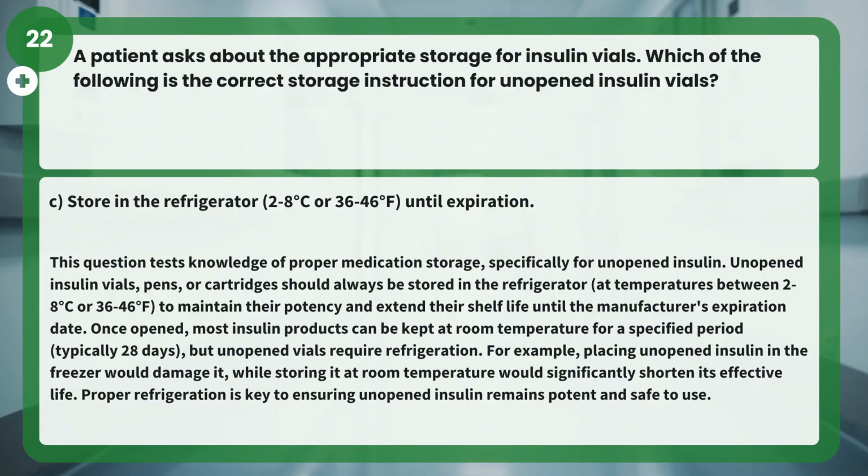Once opened, most insulin products can be kept at room temperature for a specified period, typically 28 days, but unopened vials require refrigeration. For example, placing unopened insulin in the freezer would damage it, while storing it at room temperature would significantly shorten its effective life. Proper refrigeration is key to ensuring unopened insulin remains potent and safe to use.